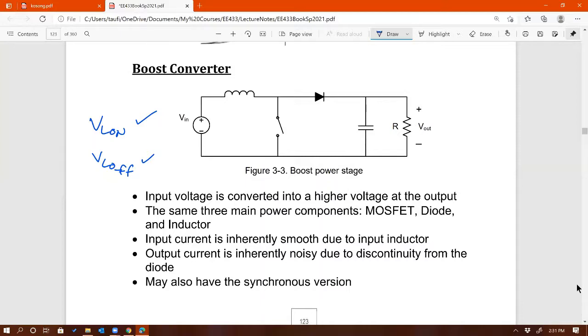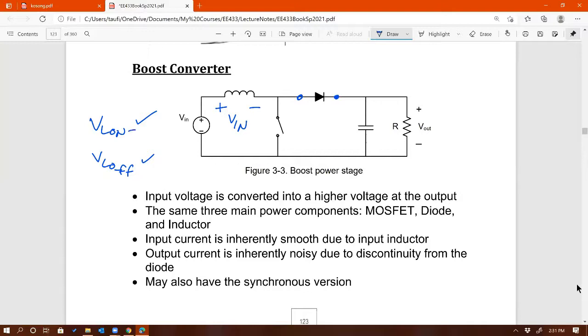So when the switch is on, what is the voltage across the inductor? That's equal to V in. And when the switch is on, the diode is off.